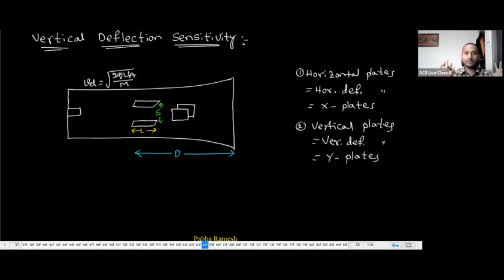What is the terminology here? The separation between these two vertical deflecting plates I'm taking as S. The length of the vertical deflecting plate is capital L. And the distance from the vertical deflecting plates to the screen I'm denoting with capital D. Based on the space between the plates, the length of the plate, and the distance from here to here, the deflection, the striking and the display will be there.